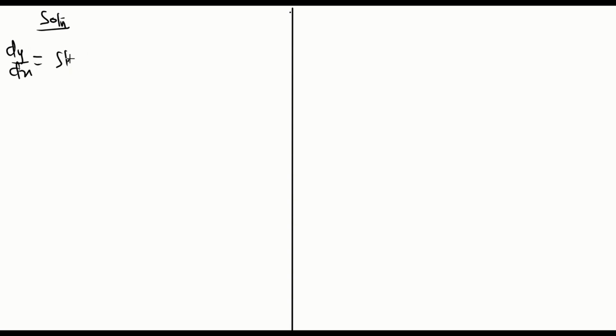First, let's put our solution over here. We are going to identify that when we differentiate the equation of the curve, the derivative of the function is going to be equal to the slope of the tangent to the curve.